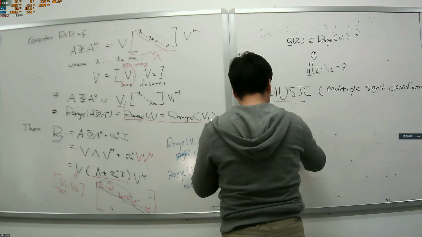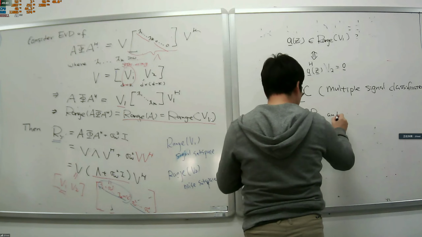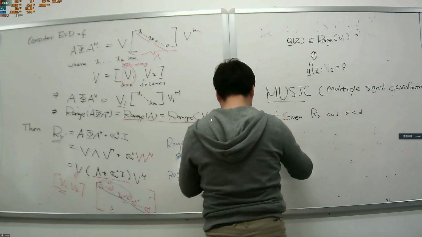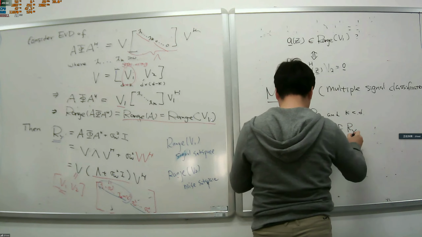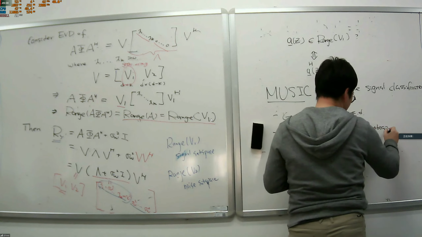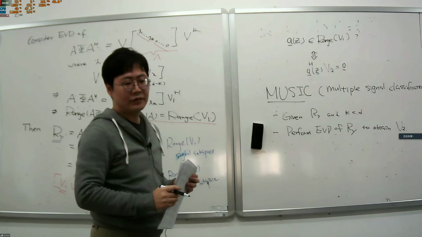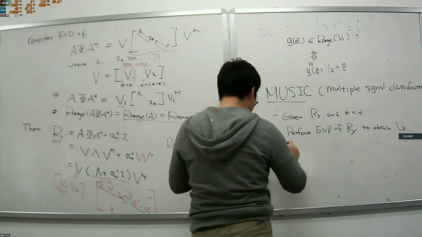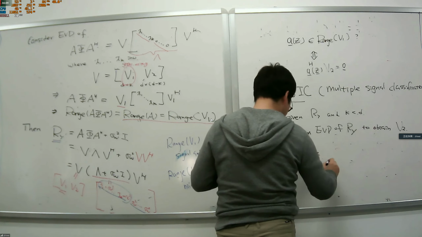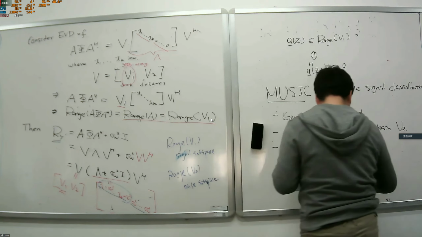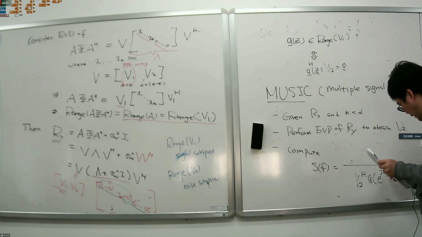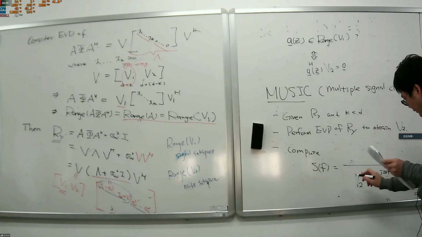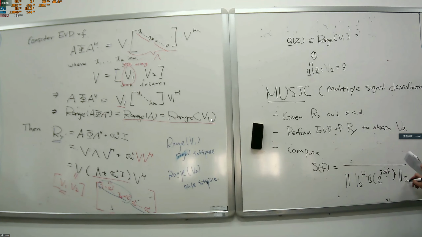Given this Ry and K less than D, we perform EVD of Ry to obtain V2, the orthogonal complement of the range space of A. Then we compute V2 Hermitian A exponential j2πf, and compute its two-norm inverse.